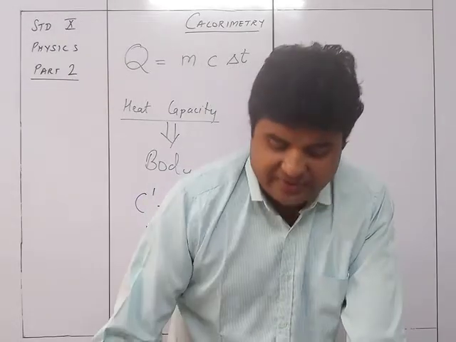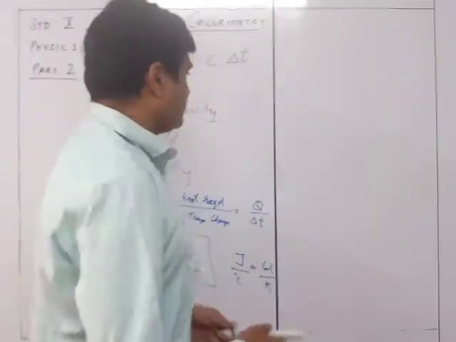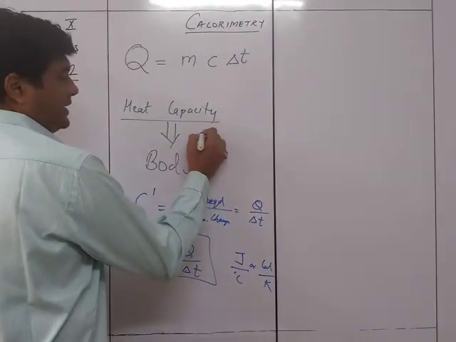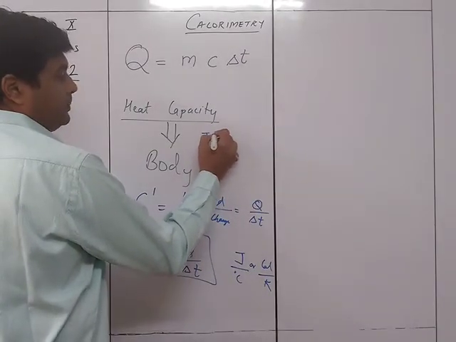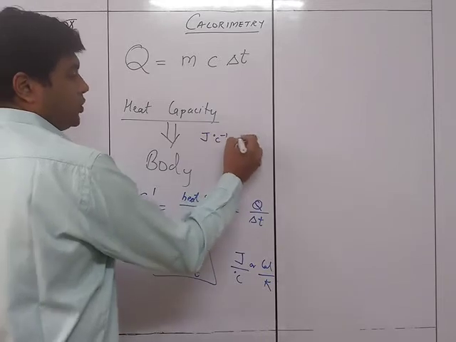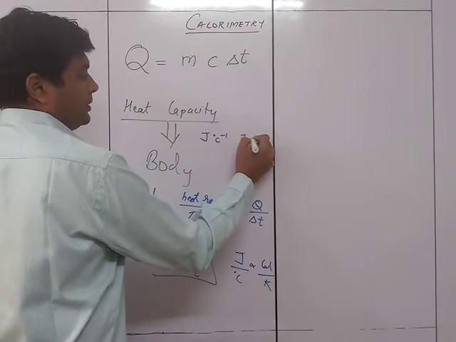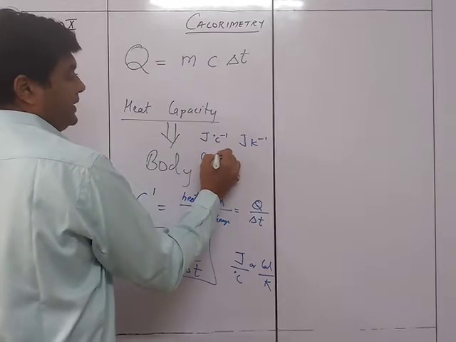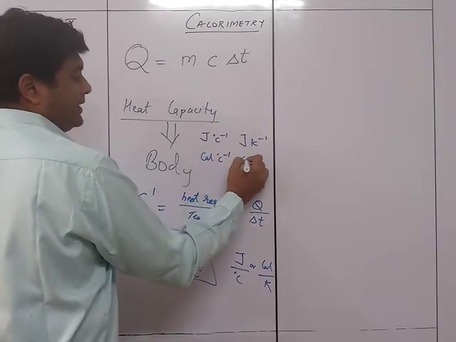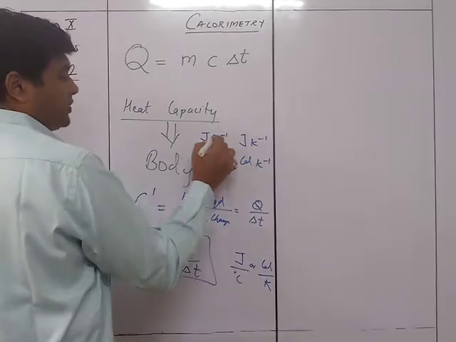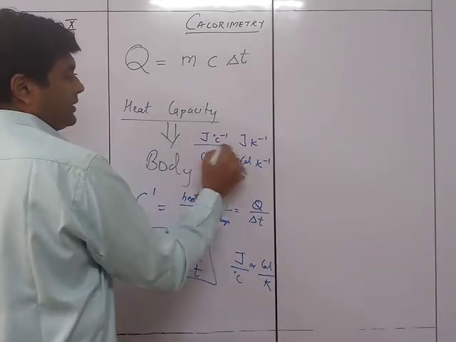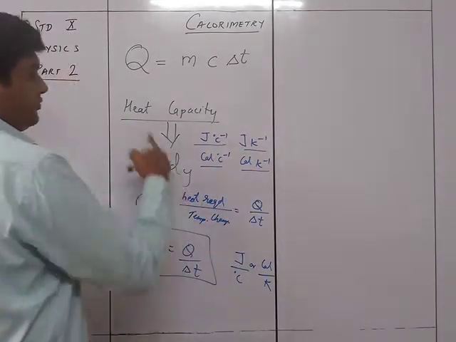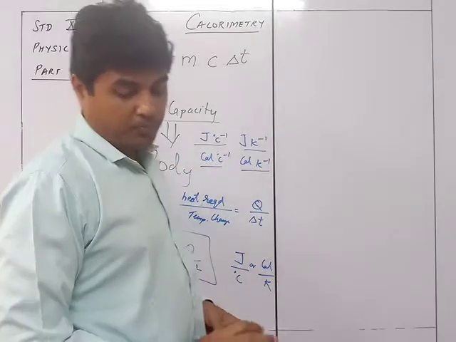So we can have multiple kinds of units here: J per degree Celsius, J per Kelvin, calorie per degree Celsius, or calorie per Kelvin. These could be the 4 different units for the heat capacity of the body.